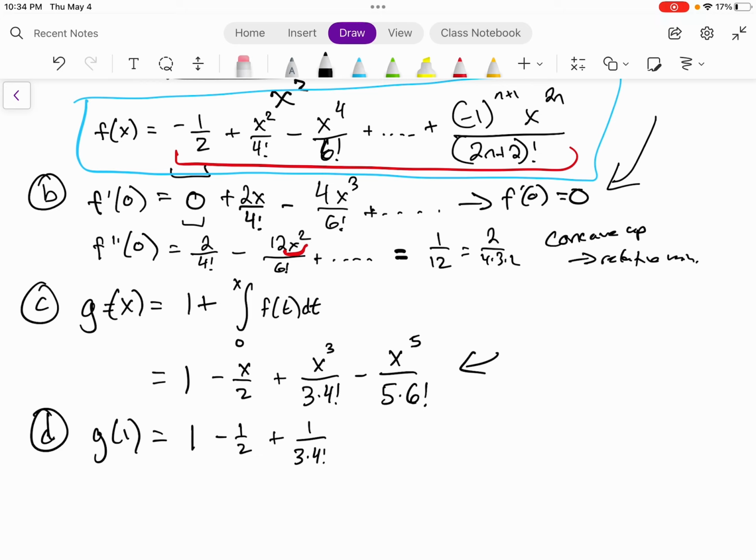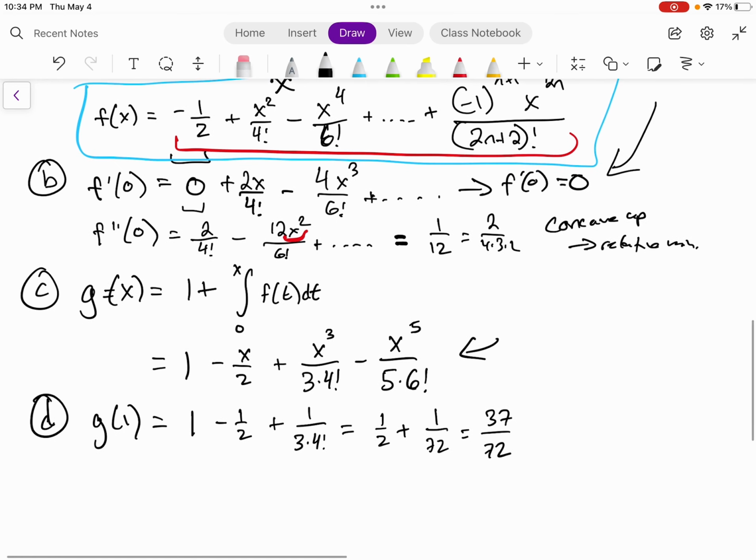You can take my word for it. This is a half plus, what is that thing? 4 times 3 times 2, 24 times 3, 72 maybe? 1 over 72, so this is 37 over 72. Great number. And that's the first part of this.